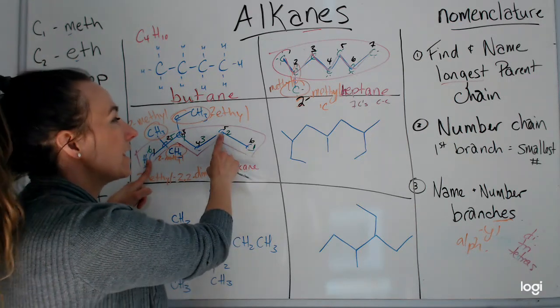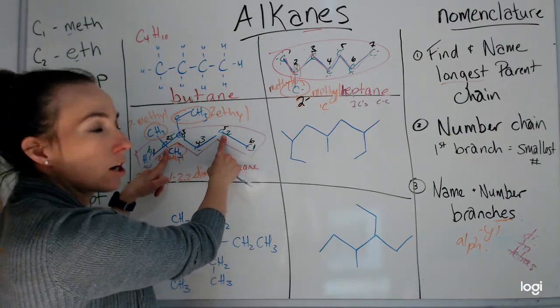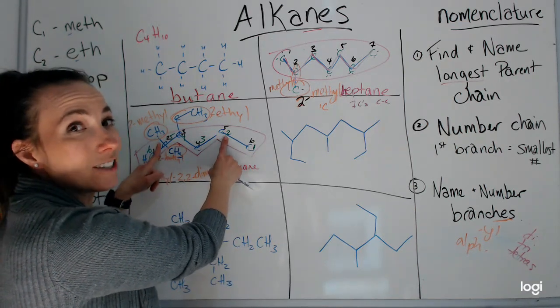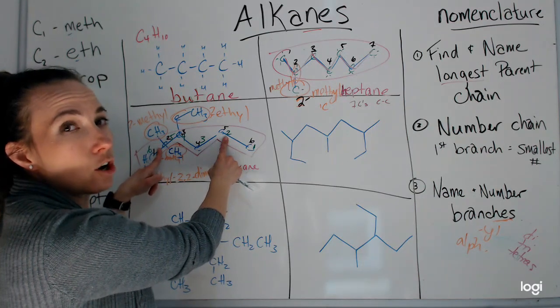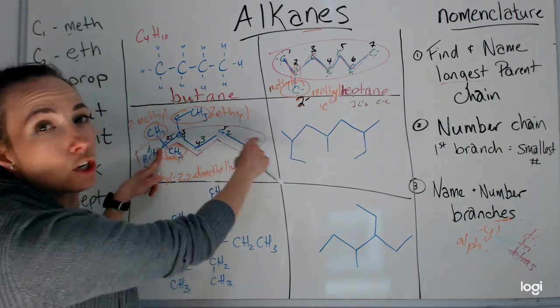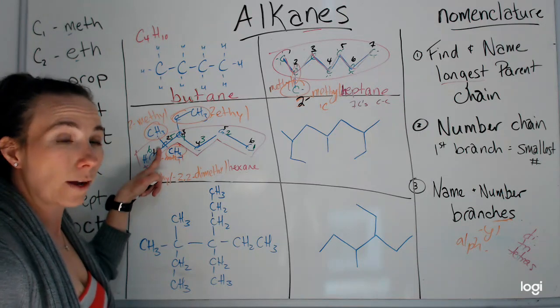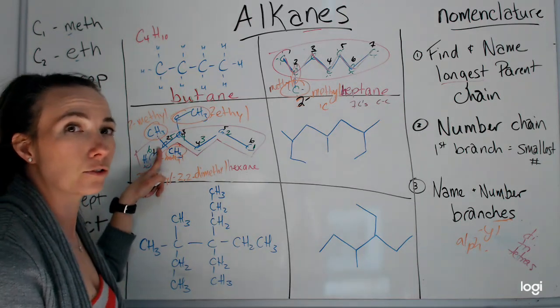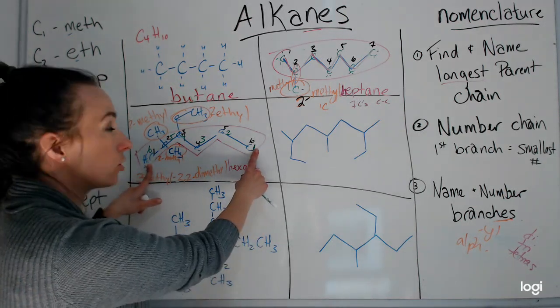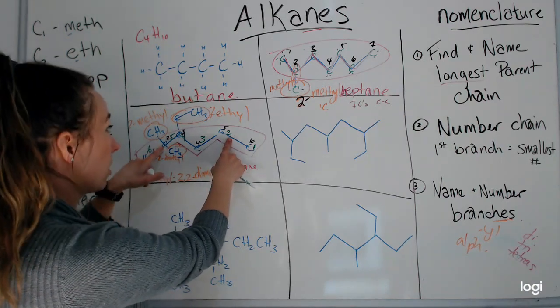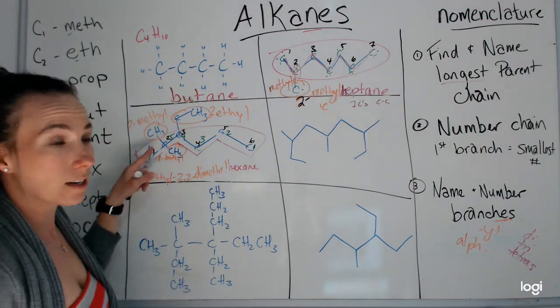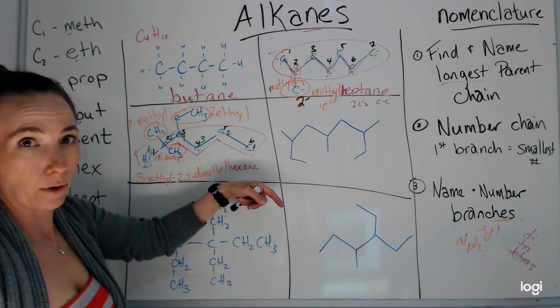If I'm carbon 1, he gets to be carbon 2. I want to be carbon 2. Well, do you have a branch? Yes, I have a branch. Oh, shoot, I lose. So that means this guy gets to win because he hit a branch first. No branch, branch. So that guy wins the numbering system. So I'm going to go this way for my numbering system.